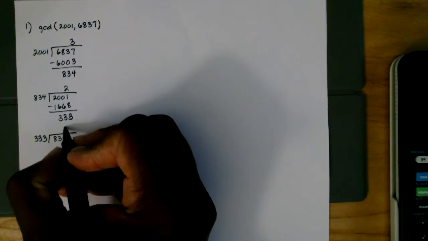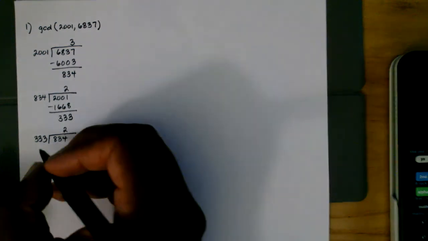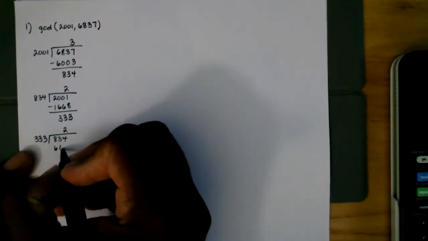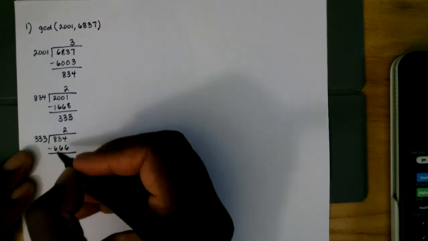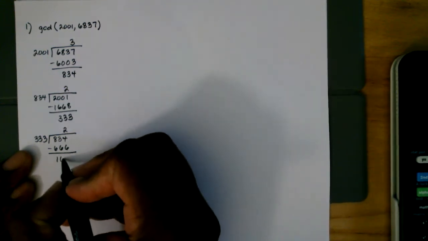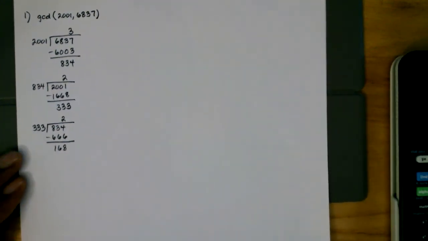That will go 2 times. Then I multiply 2 times 333, that would be 666. Now I'm going to subtract 666 from 834, that would give me 168. And I still don't have a remainder of 0.